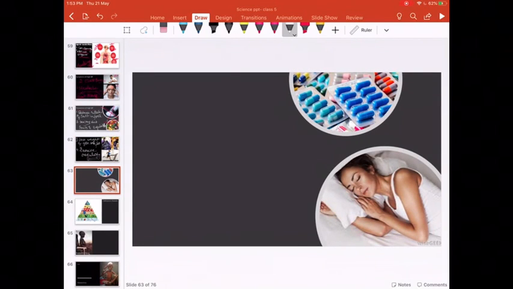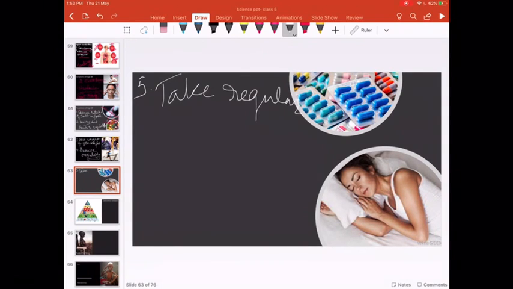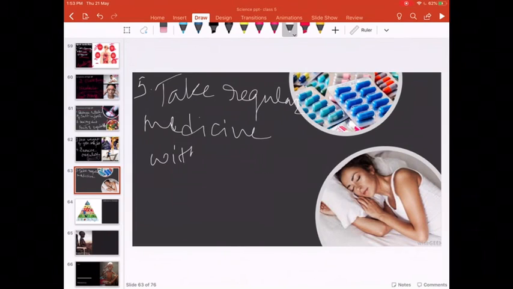And also high blood pressure, sugar, they have no natural cure. You will have to take regular medicine, but with doctor's advice. Doctor knows how much dose you must take.